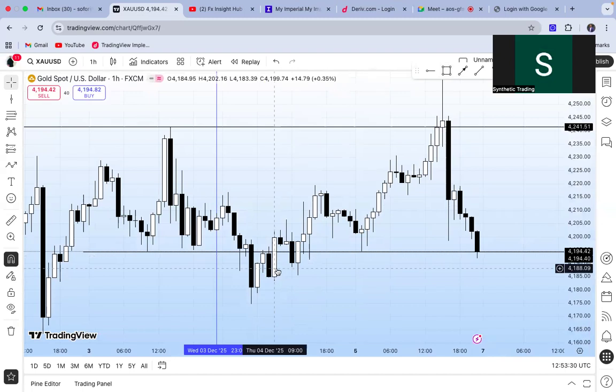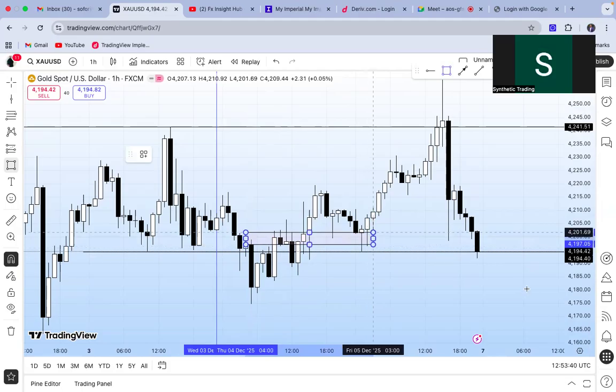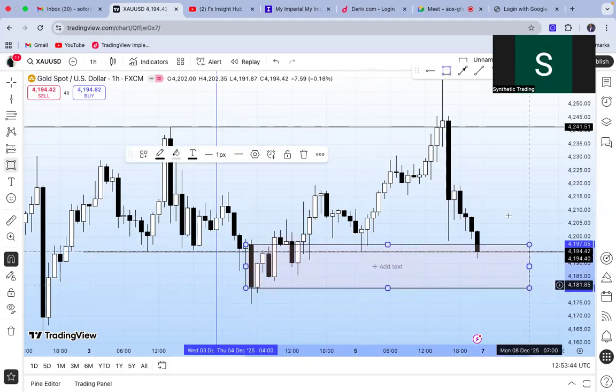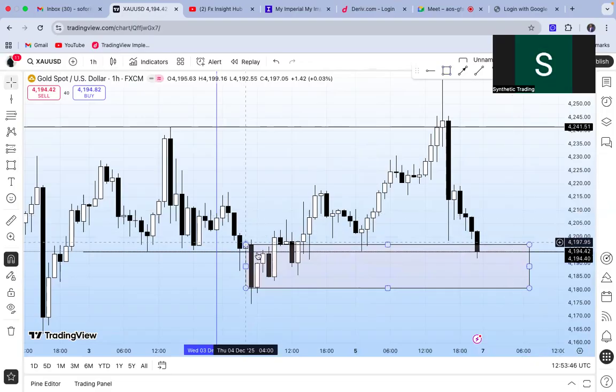So what we have to do is to identify an order block. I saw this whole space as a valid order block. So ideally, I can enter using the 1 hour time frame.